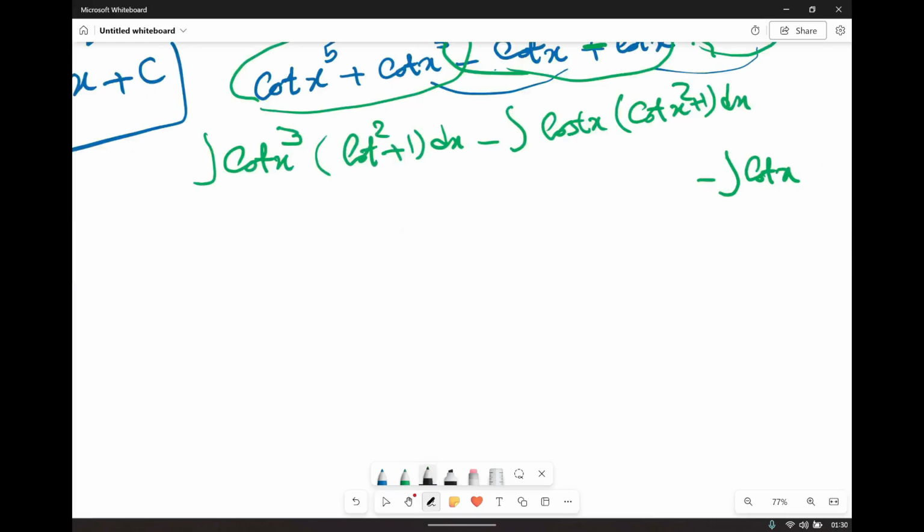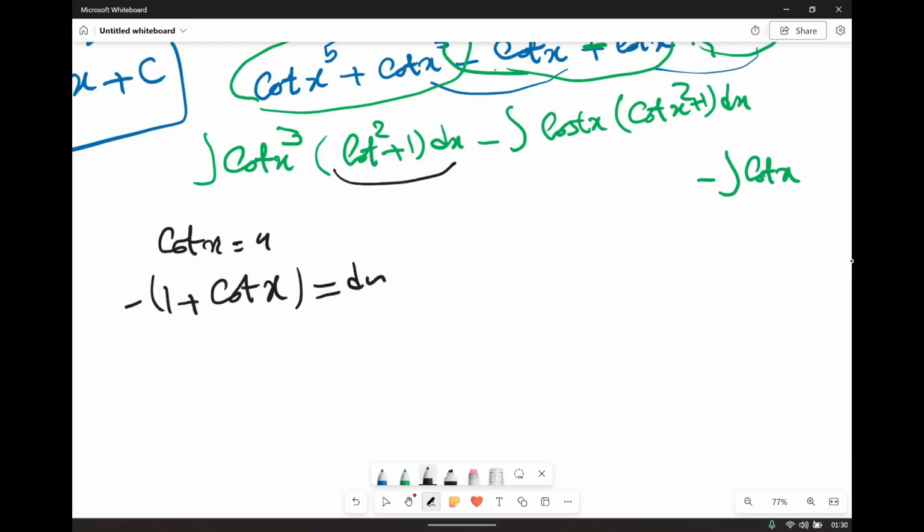You can guess, if we put cotangent of x as u, then 1 plus cotangent x power 2 with a minus is du, and I put this minus outside: minus u power 3 du, and here it is exactly u minus, and minus times minus is positive, plus the integral of u du, and we know the last is positive.